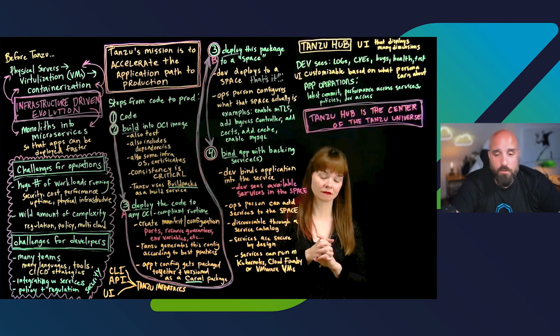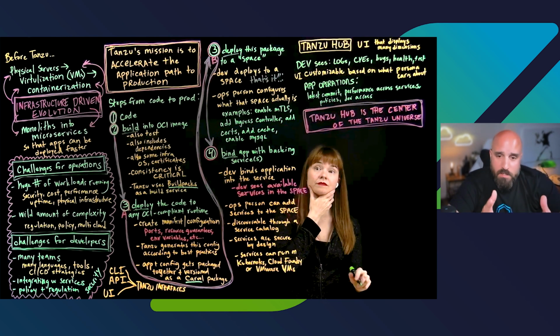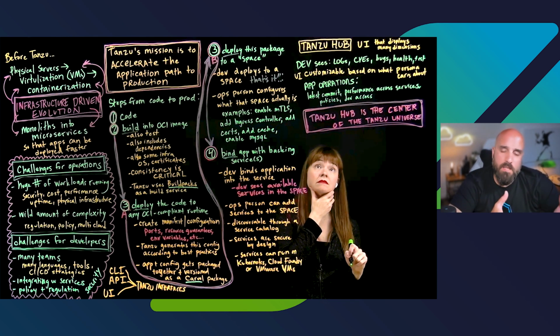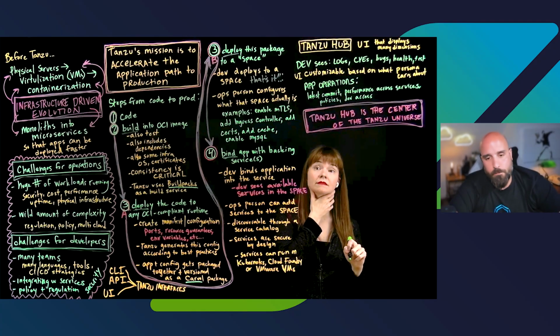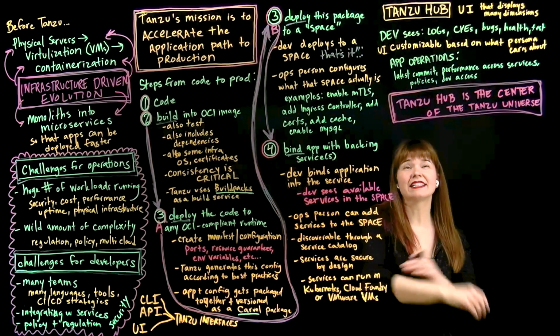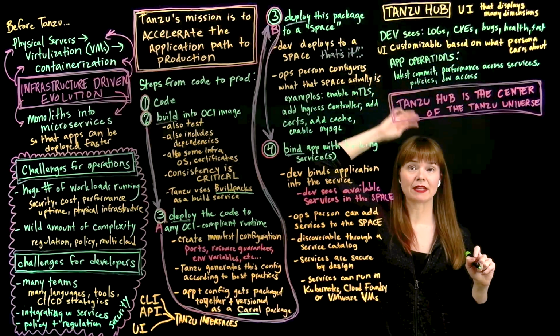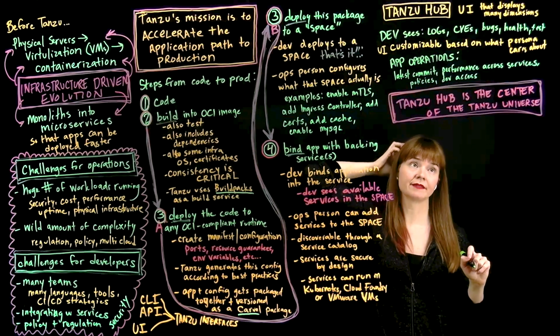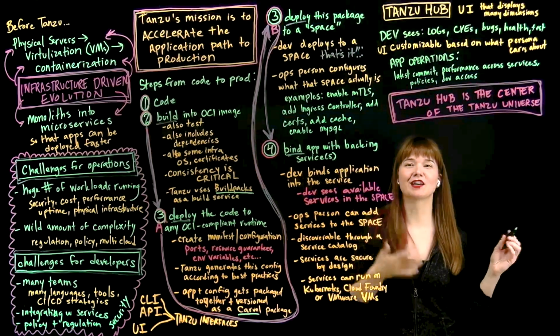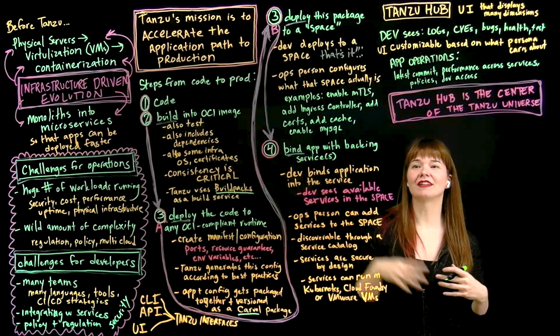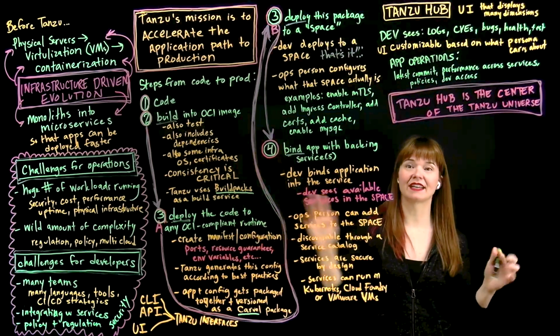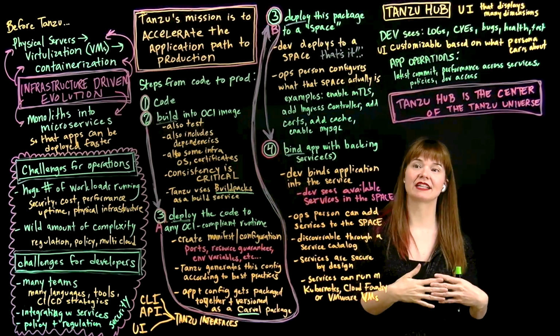And the hub allows us to do that. It allows us to connect the dots between the different components into something which is meaningful on the business side. And it's customizable too, based on what you want a persona to see. So of all the layers of complexity, it's helping you understand connections.